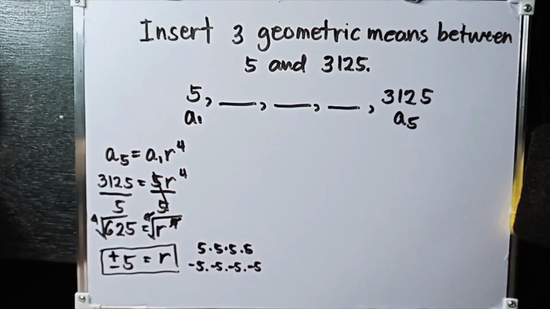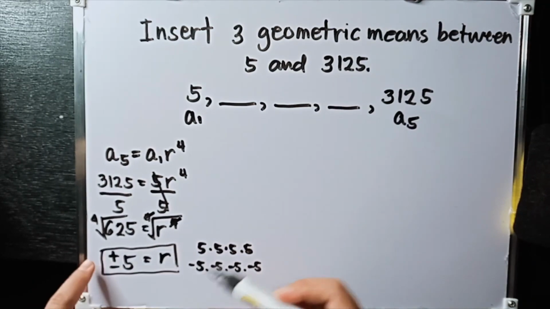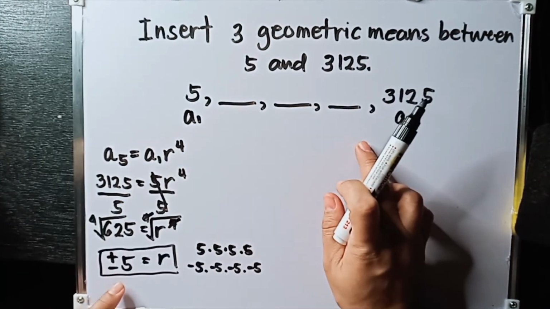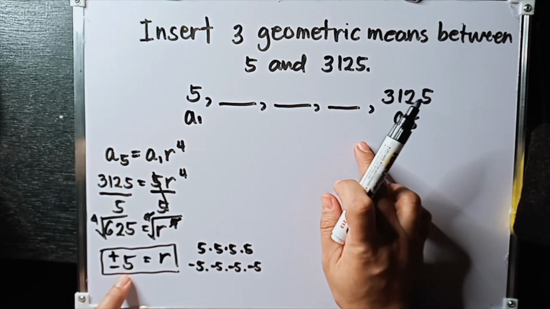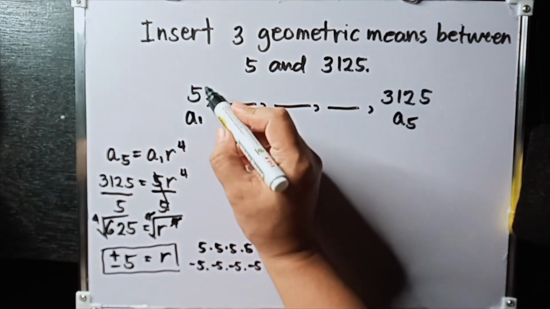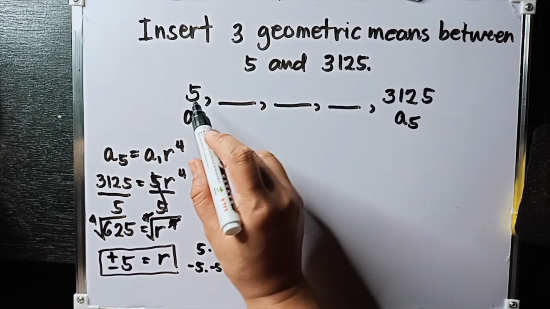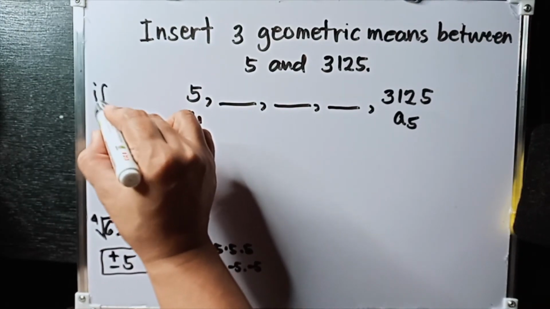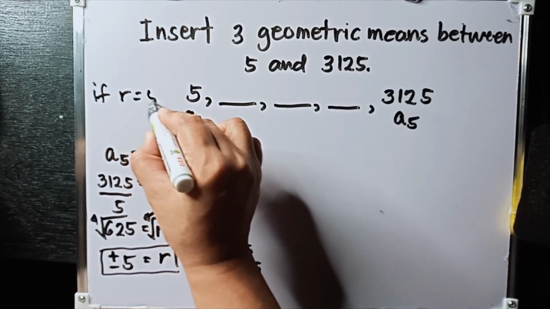Okay? So, going back to our sequence, it means that the common ratio is 5. If we are going to use positive 5 as the common ratio, it means that we are going to multiply 5 times 5. So, this one if r is positive 5.